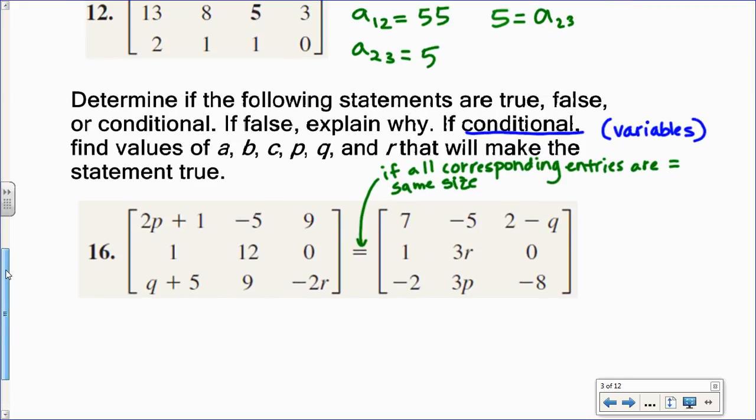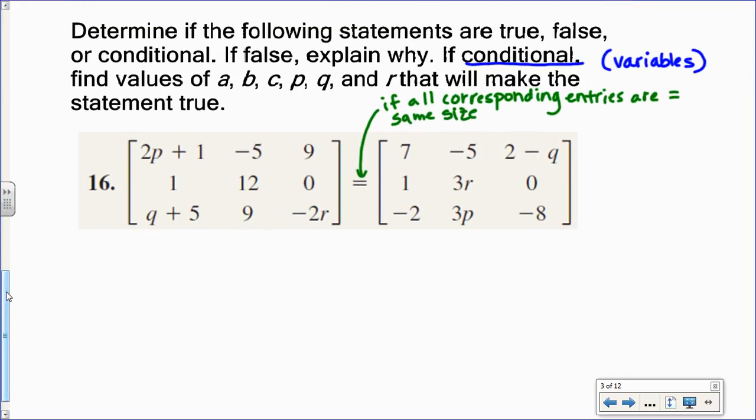Okay, so this one is conditional because I have variables. It will be equal based on the condition that this entry, 2p plus 1, equals this entry, 7. That's why it's called conditional. So let's find p. This just has p, q, and r.